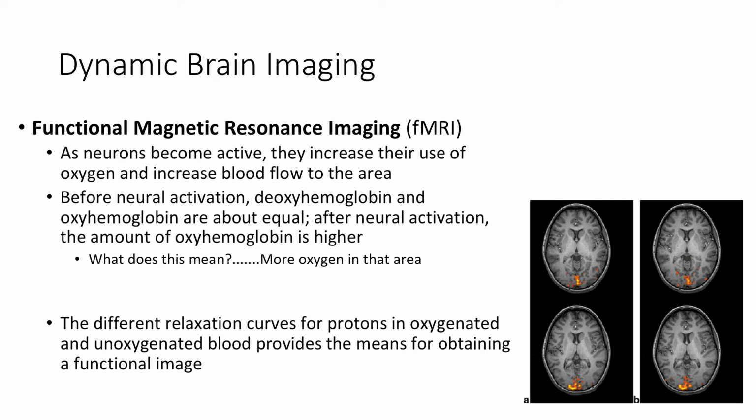Okay, so next we are moving on to fMRI. fMRI stands for functional magnetic resonance imaging. What I want you to know is that as neurons become active, they use more oxygen, which results in a temporary dip in the amount of oxygen in the blood. At the same time, active neurons signal the blood vessels to dilate and increase blood flow so more oxygen can go to that brain area.